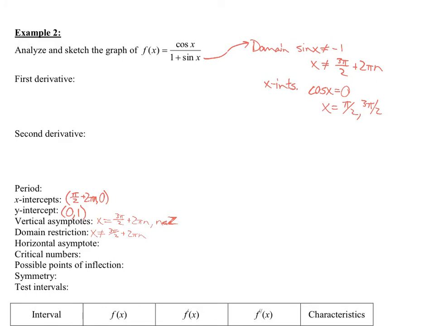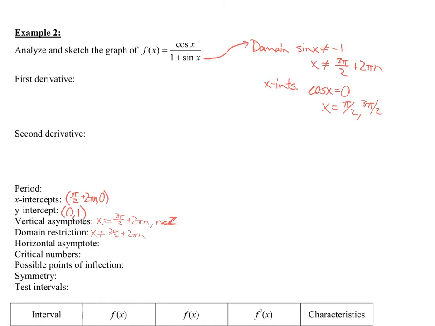Period. How do we find the period? Is it 2 pi over b? We have to know what type of graph it is. It's not a cosine graph or a sine graph, it is both together, but what's the period of cosine x? 2 pi.